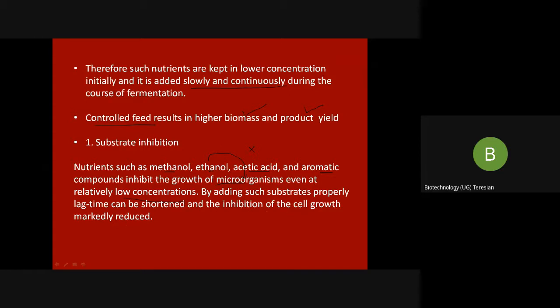So these nutrients, even though they are present at low concentration, can inhibit the growth of your microorganisms. So the alternative is adding such substrate properly at the lag time. If this is your graph, this is your lag time, and then it increases to the log phase. So the lag time can be shortened and the inhibition of the cell growth can be markedly reduced.